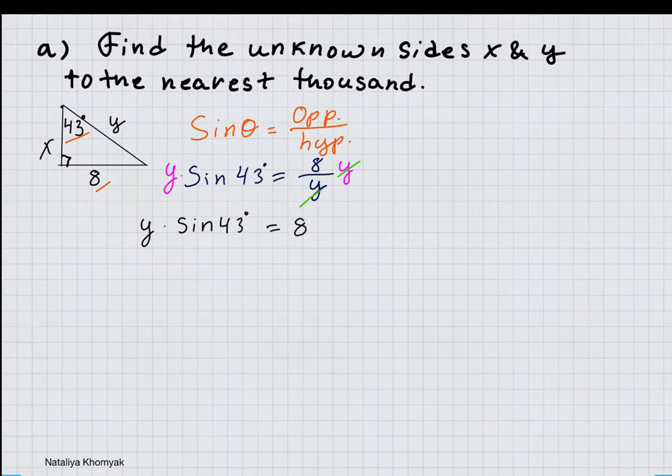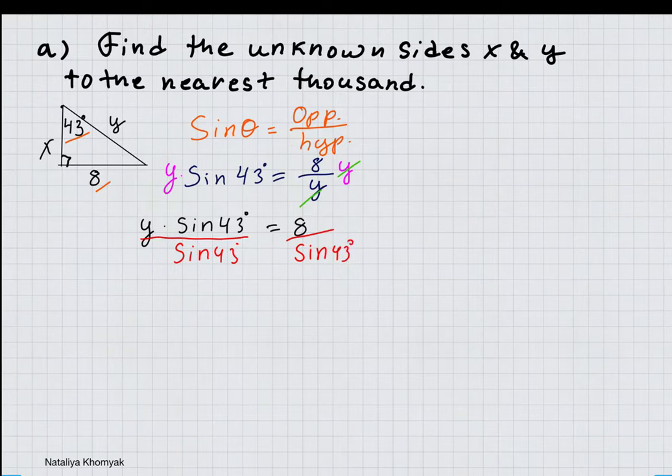We are still solving for y, and y is being multiplied by sine of 43. The opposite is to divide by sine of 43 degrees. Whatever you do to one side, you want to do the same thing to the other side of the equation. Sine of 43 degrees goes into the denominator.